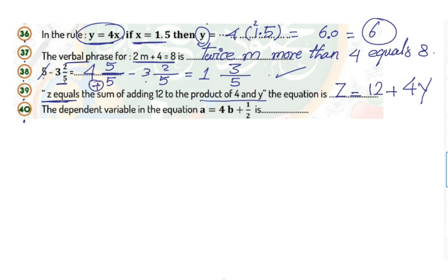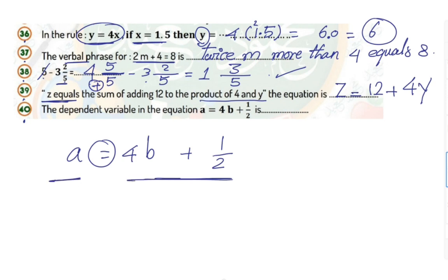Last point here, the dependent variable in the equation. We said that we have two parts, okay? Now, I have equals. Look to this part and look to this side, okay? Where is the variable with an operation? Yes, we have b times 4 adding half. That means the operations here are with the variable b.